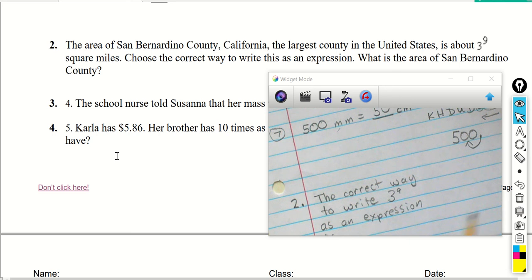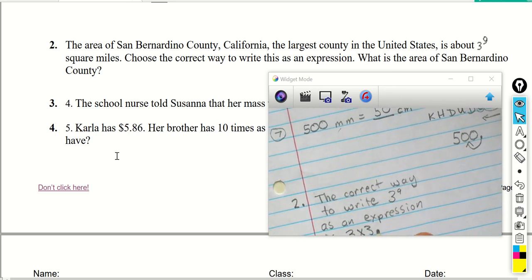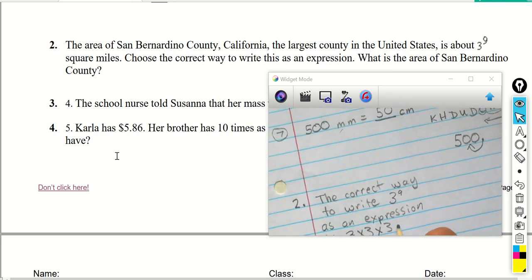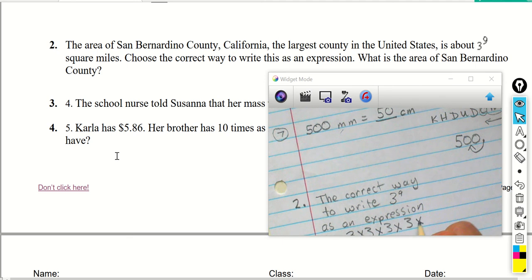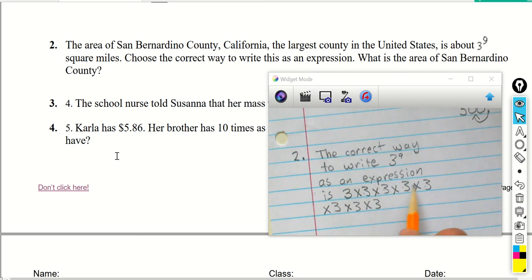I would write it as 3 times 3, 3 times, counting 1, 2, 3, 4, 5, 6, 7, 8, 9. So 3 times 3 times 3 times 3 times 3 times 3 times 3 times 3 times 3.